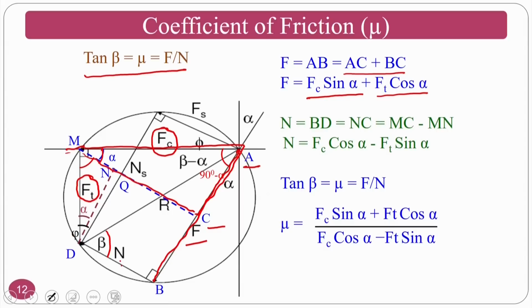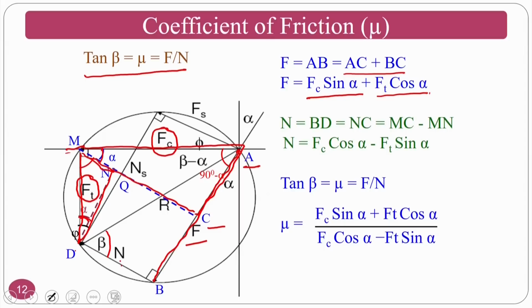Now see, BC is equal to DN. This is alpha, this is the triangle that is called MND or DMN. In this triangle, this is my alpha. So it is Ft cos alpha.